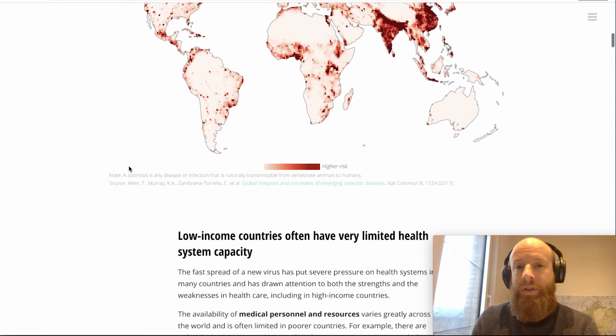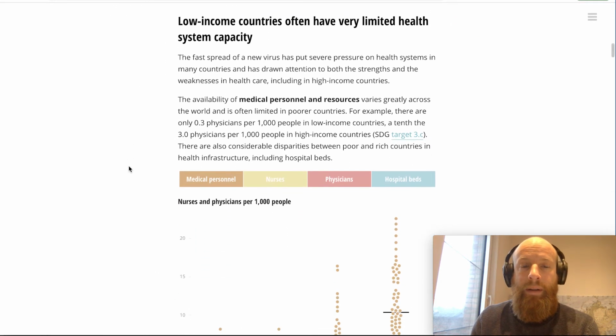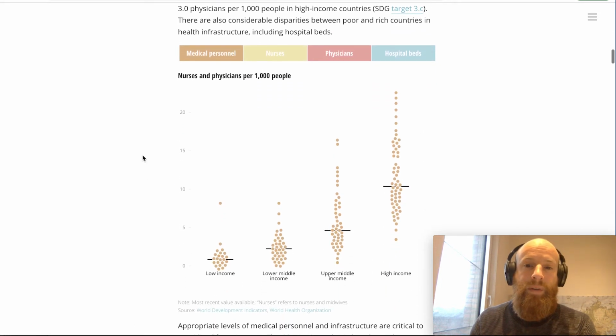So this is the introduction of the story. Then the story goes from the disease itself and where it came from to the impact on health systems and health system capacities. And so the second visualization here is showing you different aspects of health capacities in different countries.